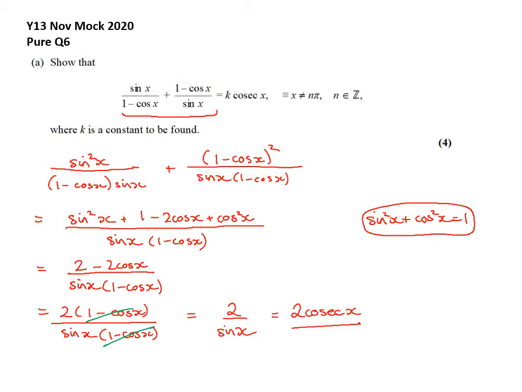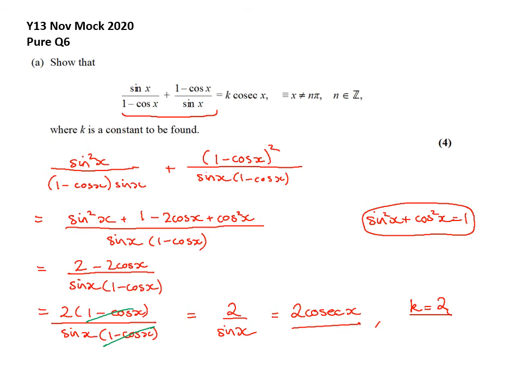K is a constant to be found, so it is again worth writing k equals 2 and checking it satisfies. Yep, good. So 2 cosec x, job done, 4 marks.